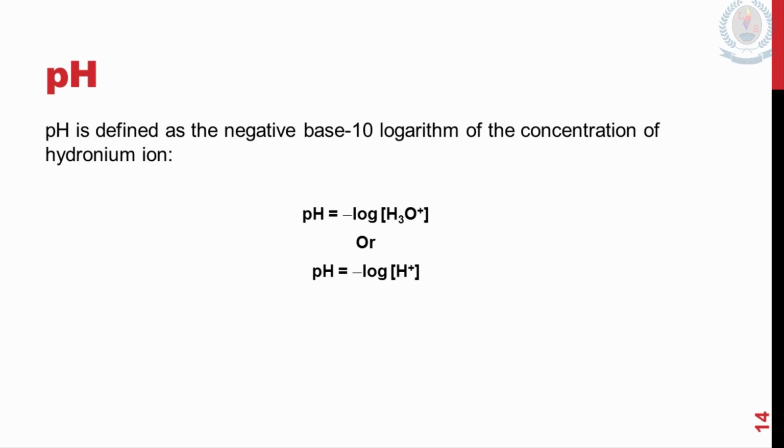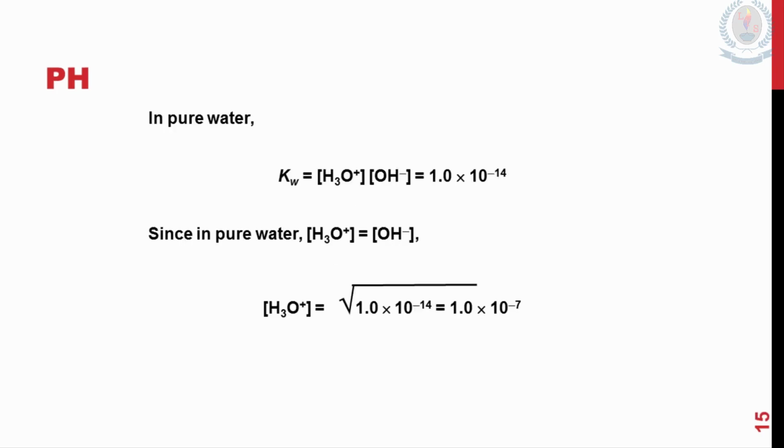I have written the equation in two ways. pH is equal to minus log concentration of H3O plus ion, or pH is equal to minus log concentration of H plus. Don't be confused, H3O plus and H plus are equal. We can write either H3O plus or H plus, it doesn't matter. Okay, now let's move to the other slide.